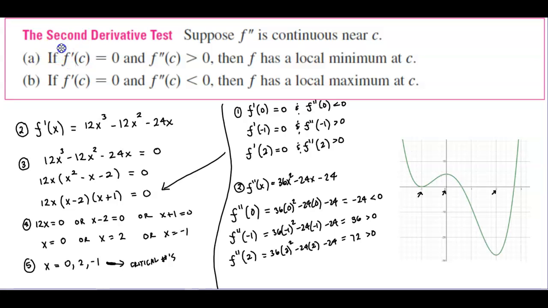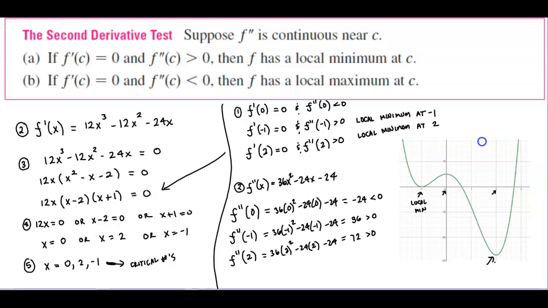So, looking at definition number 8 with the second derivative test, if f prime of c equals 0 and f double prime of c is greater than 0, then f has a local minimum. So if you notice here, this tells us that we have a local minimum at -1, which we can see from here. And then we also have a local minimum at 2.